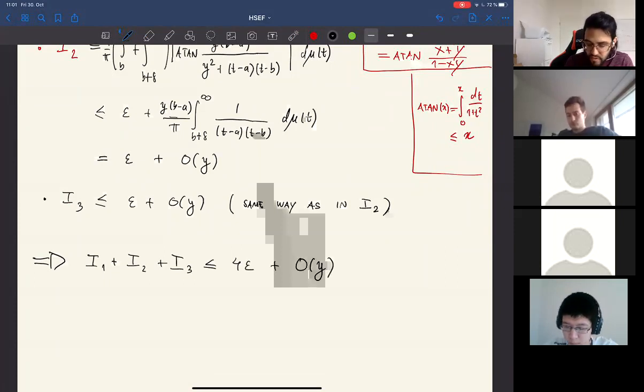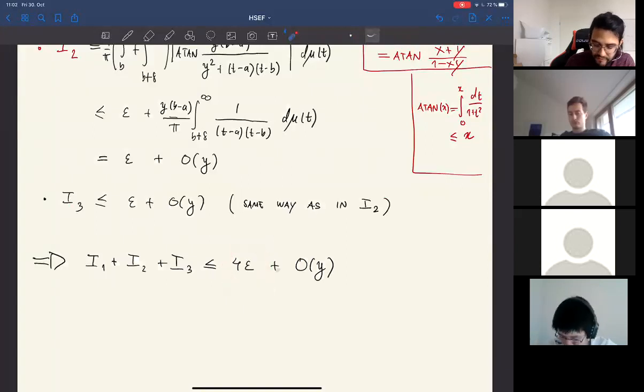So when y goes to 0, these three guys depend on y, but it's always the same technique. You just take the limit sup on the left-hand side in y when y goes to 0. And then this inequality will show that this limit sup is less or equal than 4 epsilon, but epsilon is arbitrary. Then you send epsilon to 0. So you show that the limit sup of this thing is indeed 0. Therefore, the limit exists and the limit is 0. And that is showing what we want. So that would finish the proof.